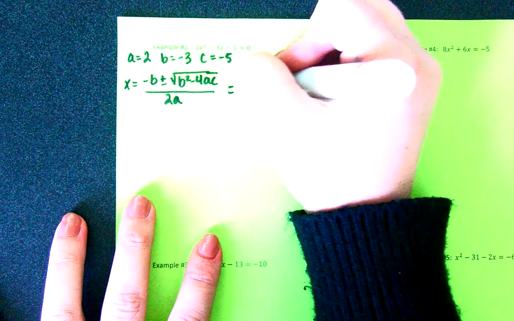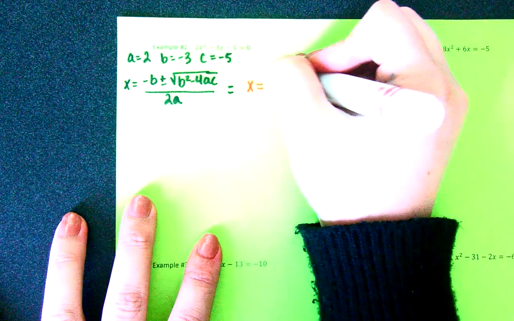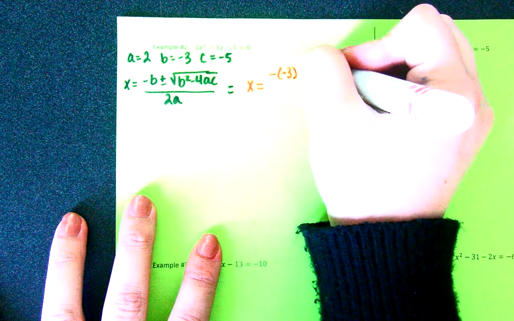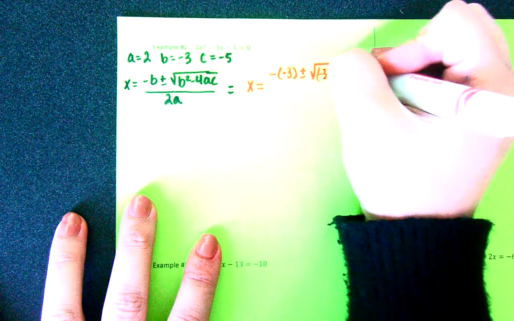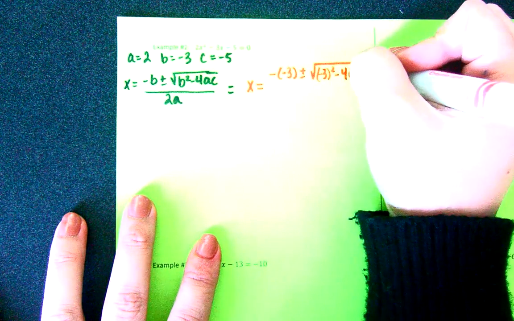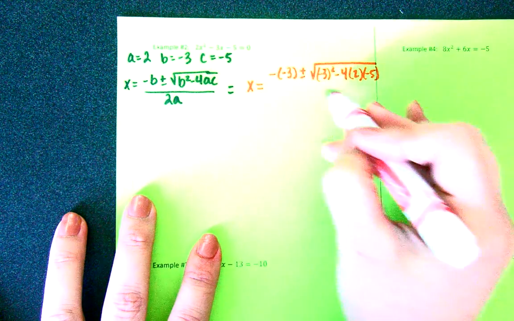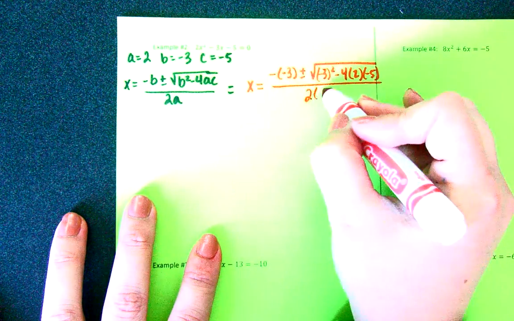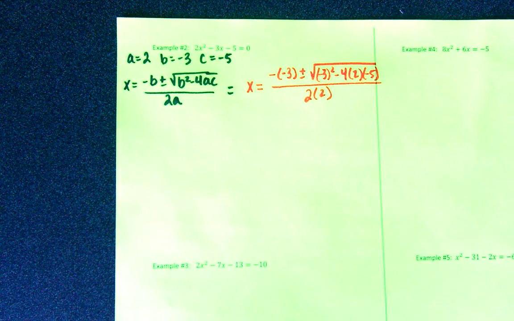So now we have x equals negative times our b, plus or minus the square root of b squared minus 4 times a times c, all over 2 times a. So we found our A, B, and C, and then we plugged it into our equation.